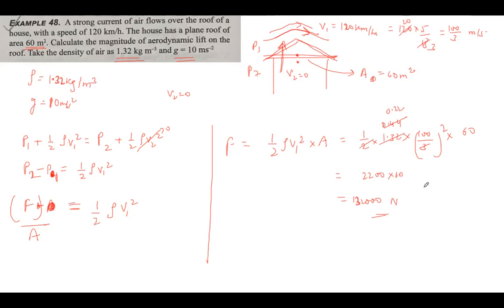There will be one more 3 here, right? So this is divided by 3. See, one 3 goes and cancels, and there is one more 3 which is remaining here because we have a square here. So 4.4 into 10 to the power 4 meter.